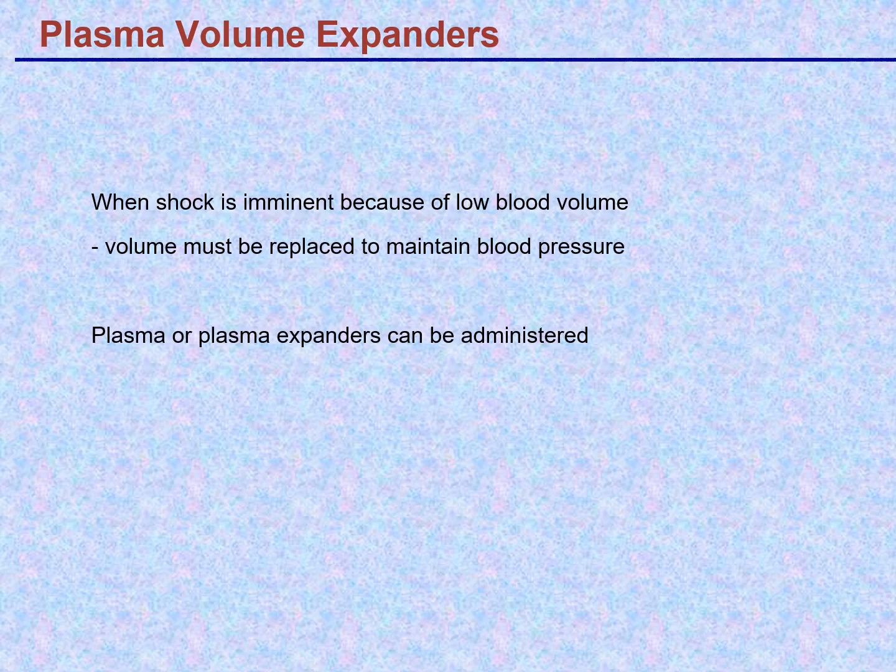The best, of course, is with blood if it's due to a bleeding, and if not, then plasma, and if not plasma, then plasma expanders can be administered. There's a number of things that can be given. The simplest thing that can be given is isotonic saline.